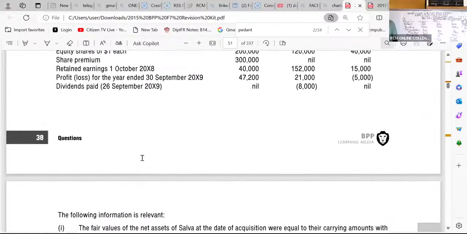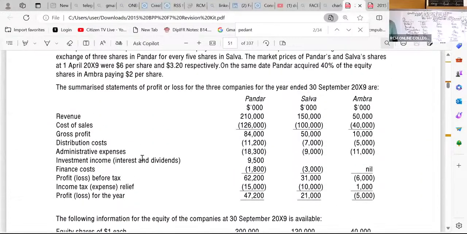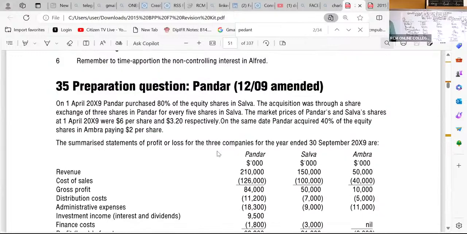Question number 35. They want you to do 3 things. You can search for the question by the name Pandar. All right. So I want to see your answers now on WhatsApp, and I'm giving you exactly 37 minutes.